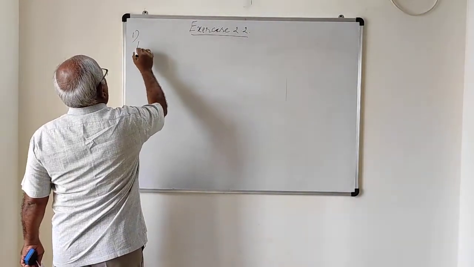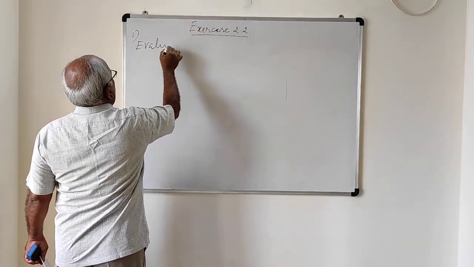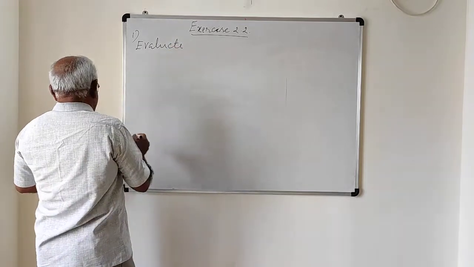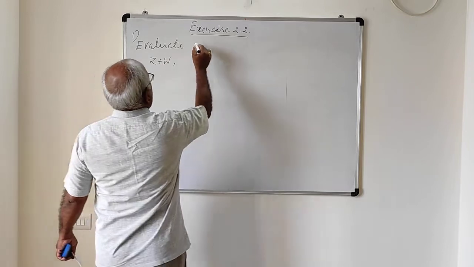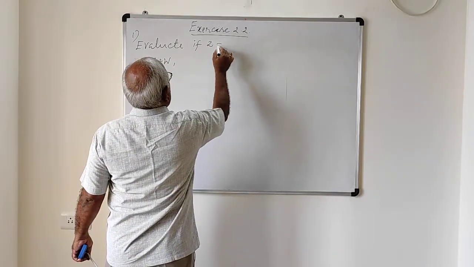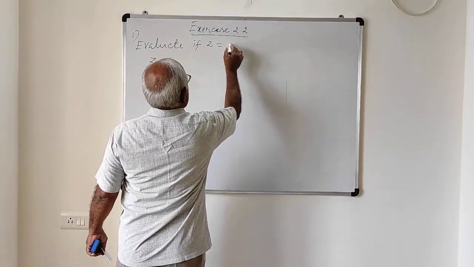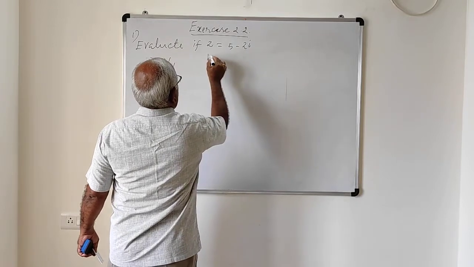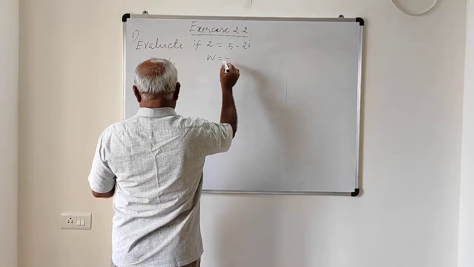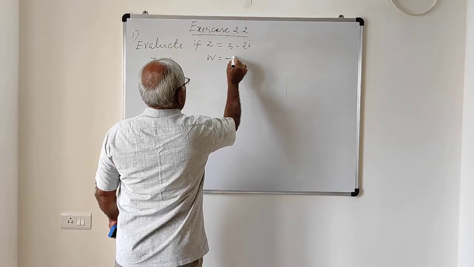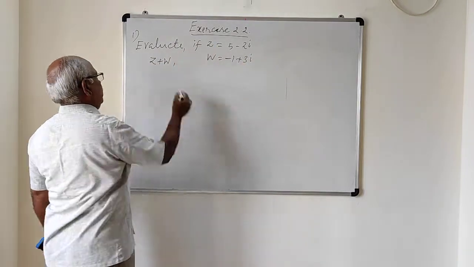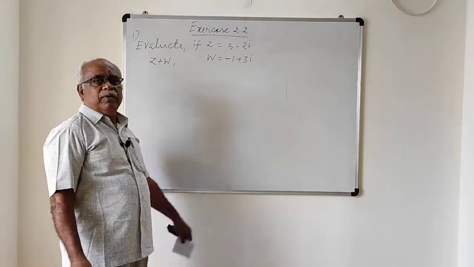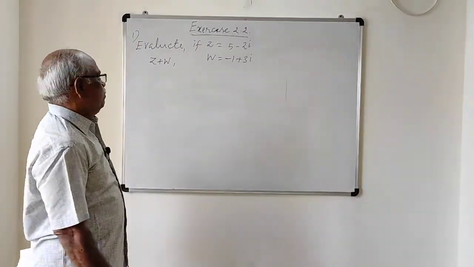First problem: evaluate z plus w, if z equals 5 minus 2i and w equals minus 1 plus 3i. It is given.